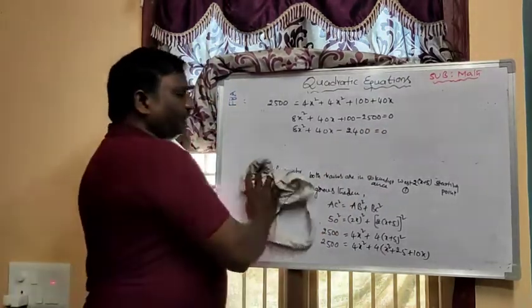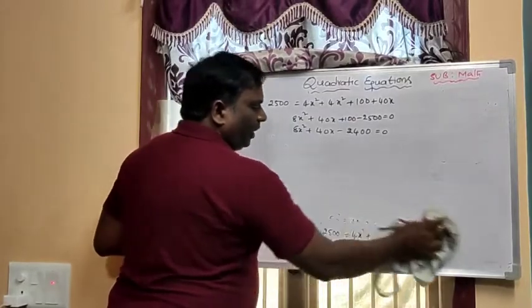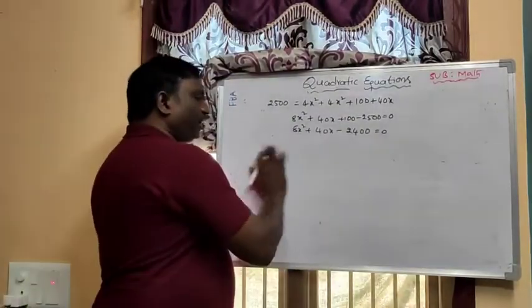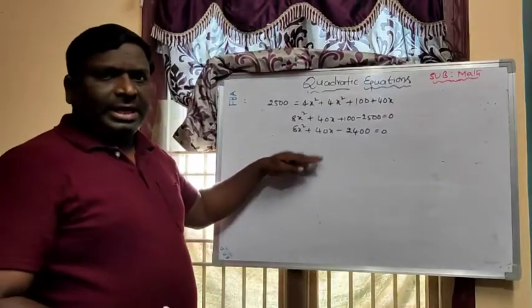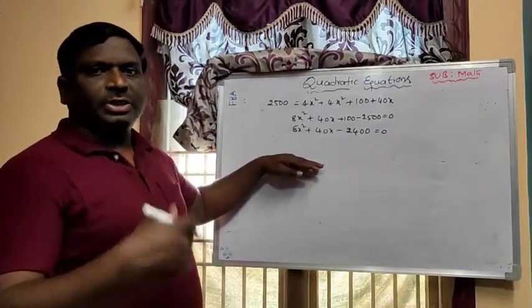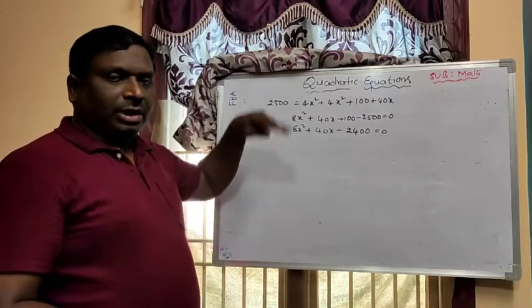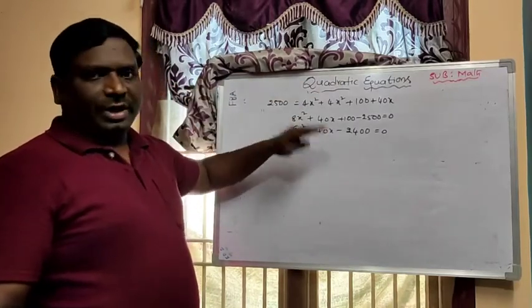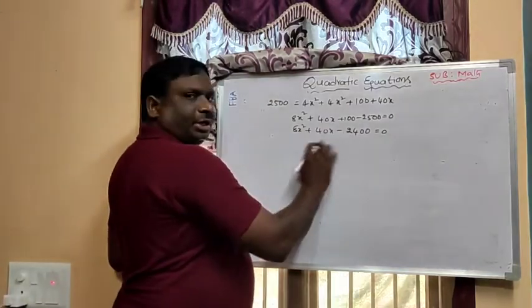Before doing the simplification, we have to identify whether there is any common factor or not. What are we finding here? The x value, the average speed of the train. That only we have to find. When you are doing the solution, you have to remember in your mind what we are finding. So 8 is the common factor.